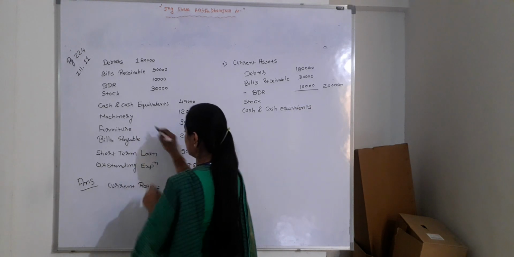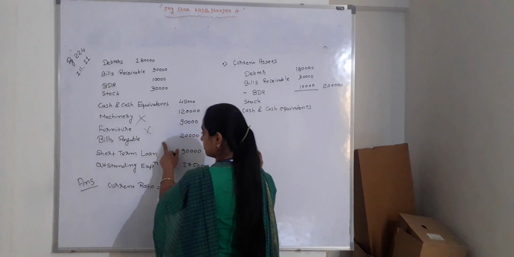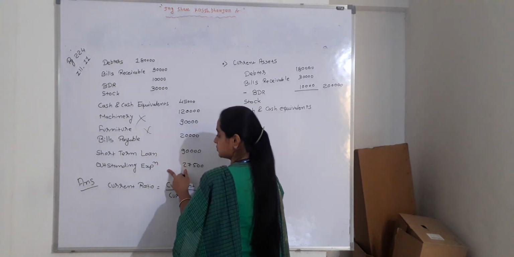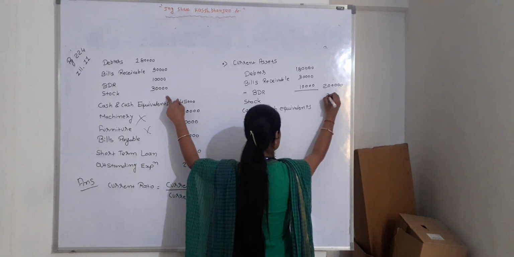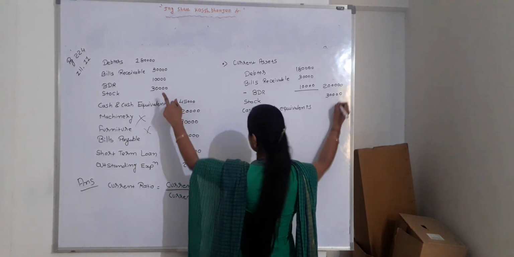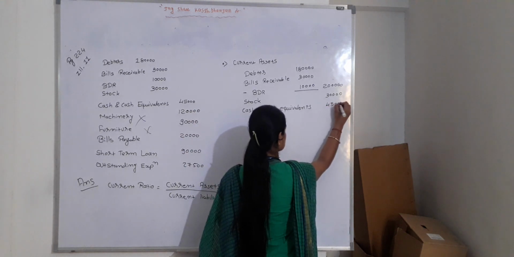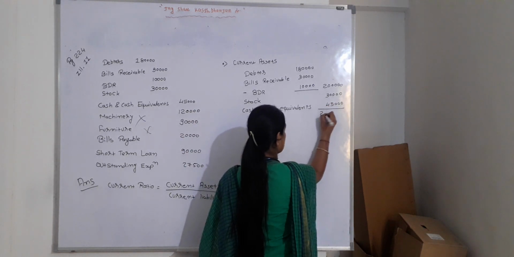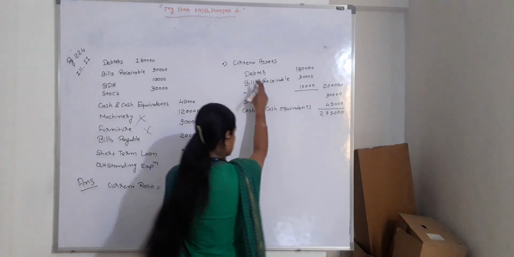Then machinery, no, that is fixed assets. Furniture, no, fixed assets. Bills payable, short-term loan and outstanding expense are liabilities. Stock is 30,000 and cash and cash equivalents 45,000. So answer is 2,75,000. That is our current assets.